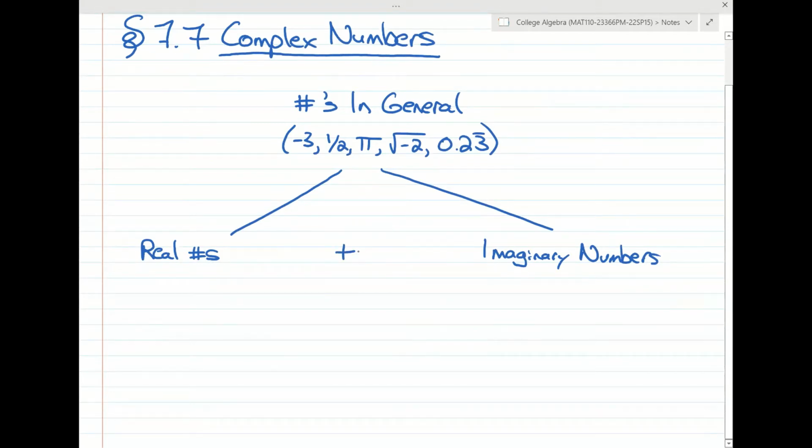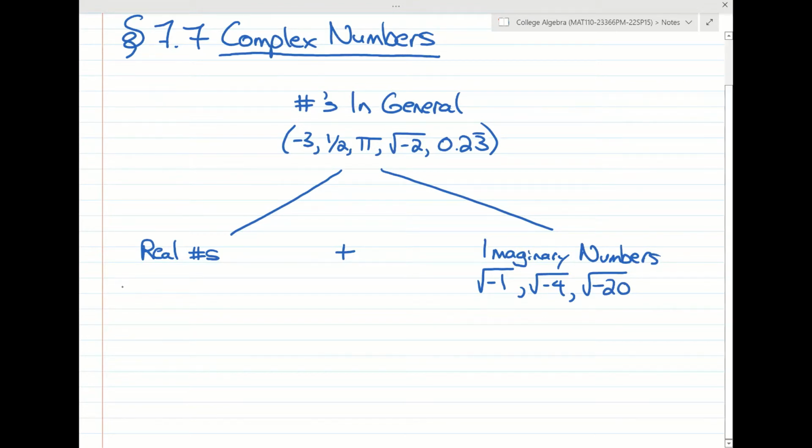So a complex number includes a real number and an imaginary number. An imaginary number would be what you get when you take the square root of a negative, the square root of -1, the square root of -4, square root of -20. Any kind of square root of a negative number is called imaginary. Everything else is a real number.